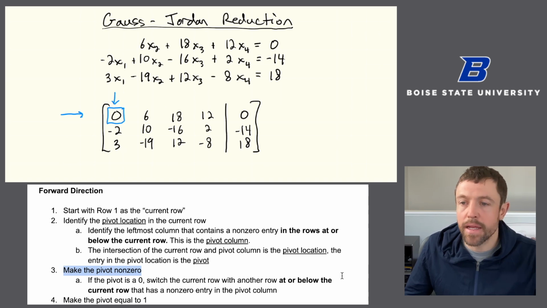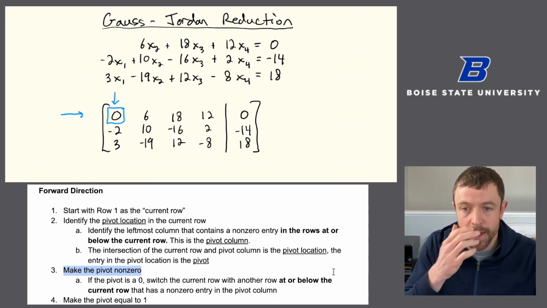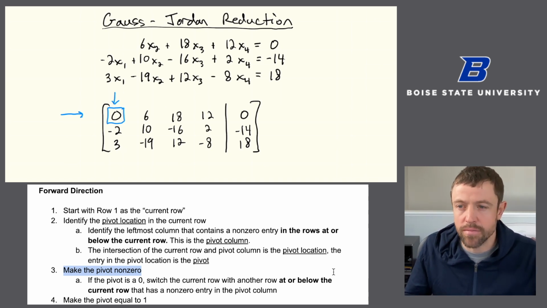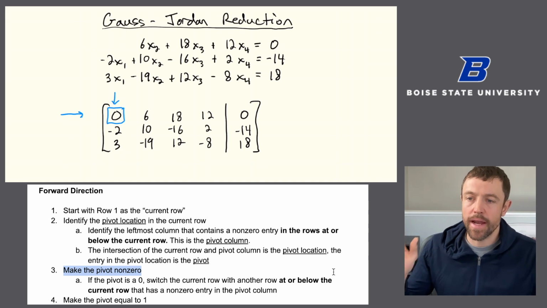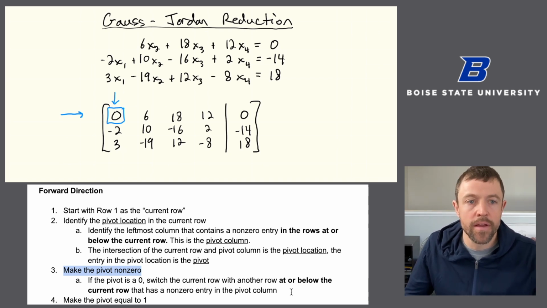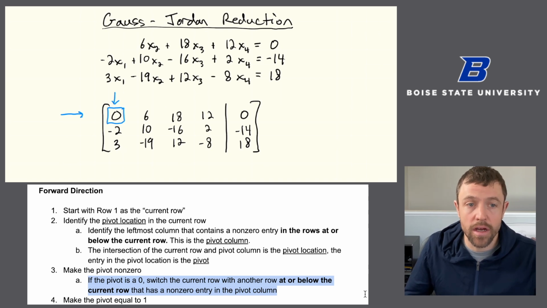Step 3, make the pivot non-zero. Well, right now the pivot is 0, and so we need to make it non-zero. And when we have an action in this process, like make the pivot non-zero, any action is always accomplished with an elementary row operation. So how are we going to make the pivot non-zero? Well, if the pivot is a 0, we're going to switch the current row with another row at or below the current row that has a non-zero entry in the pivot column.